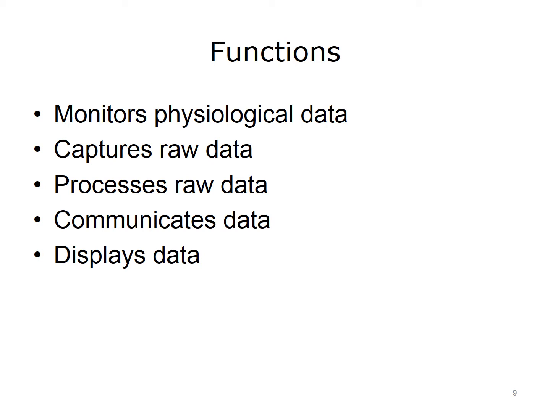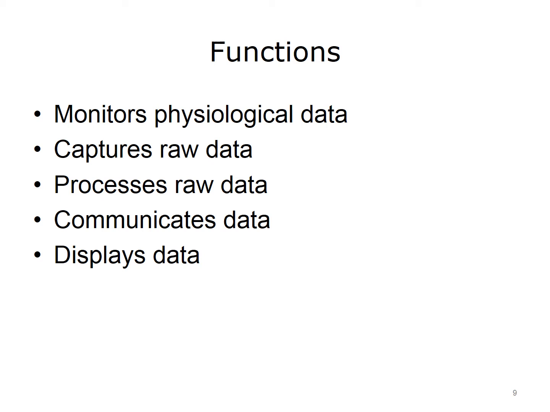Depending on the data being monitored and its purpose, the display of the data may vary. For example, a patient monitoring device in the intensive care unit capturing vital signs would sound an alarm should a life-threatening event be detected. Other types of data might be displayed in charts, tables, or graphs.